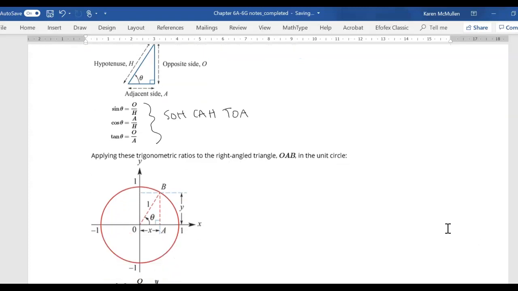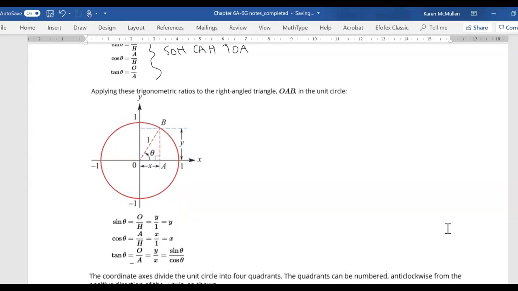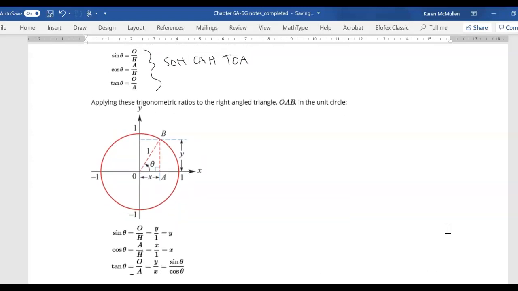So if I just scroll along. All right, so you can see here, this triangle has been put inside our unit circle. So I'm just going to redraw that here. All right, so there's theta. It's a right angle triangle. Remember what I said before, in a unit circle, the radius is 1, or your basic unit circle.